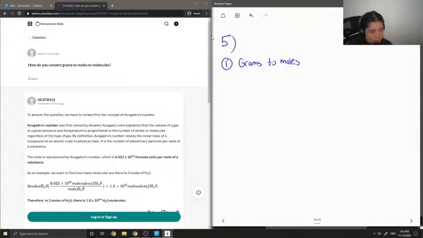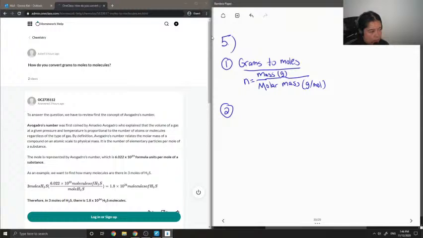Grams to moles is simply just using the equation number of moles is equal to mass over molar mass. So the mass is in grams, and molar mass are the values you would just find on your periodic table, and its units are in grams per mole.